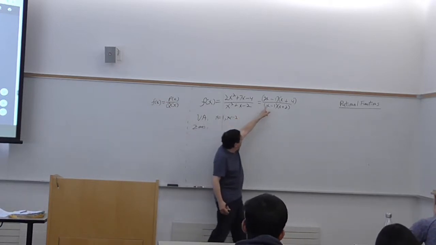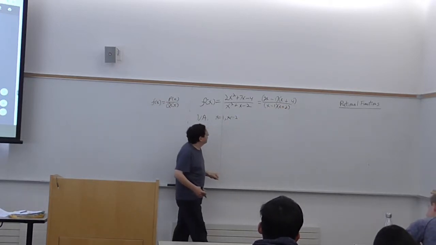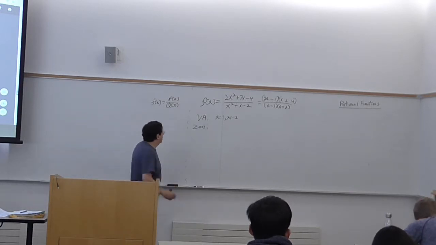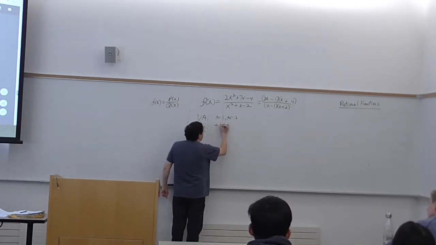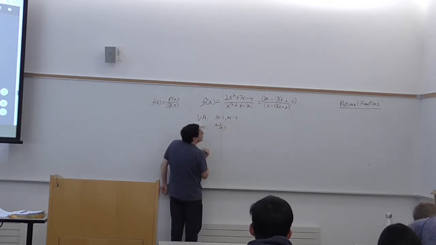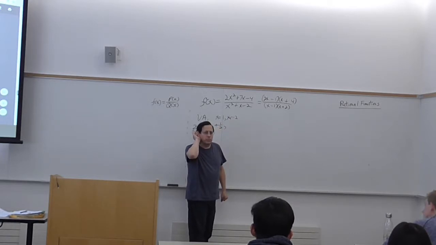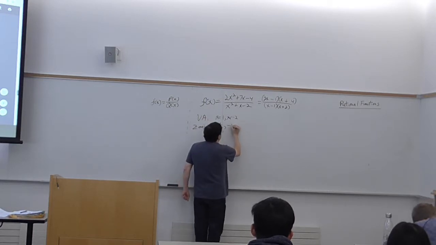It's 2x minus 1, x plus 4. Where is that 0? Plus 1/2. And minus 4. Okay.